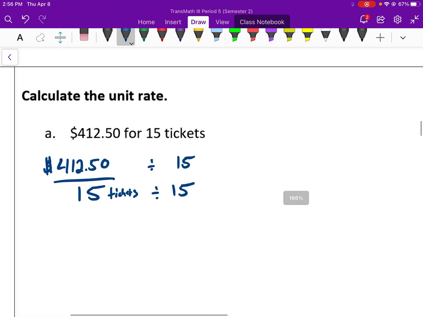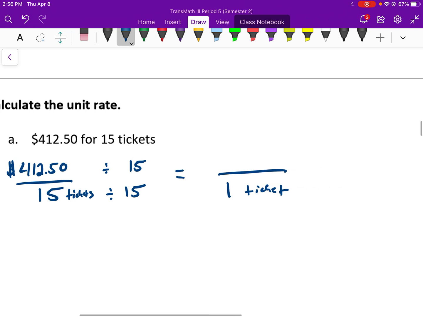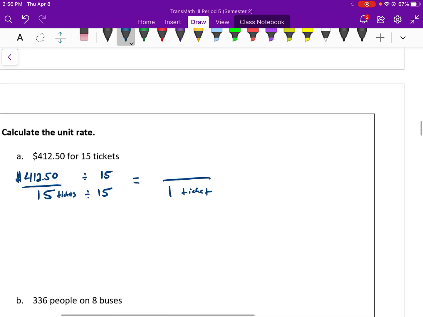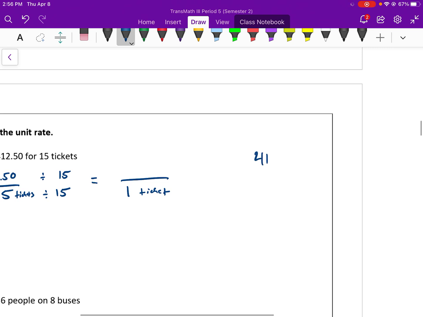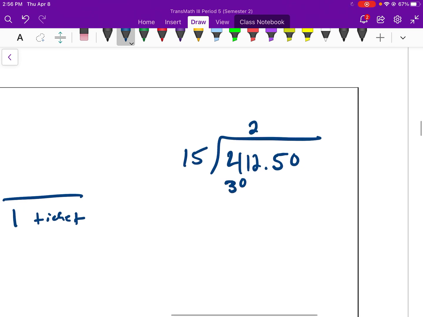So we got 412.50 on top. Now, on bottom, I know I should get 1. So 1 ticket. Now, that 412.50, we're going to have to go off to the side and actually do that division. 412.50 divided by that 15. So 15 goes into 41 two times. 2 times 15 is 30.